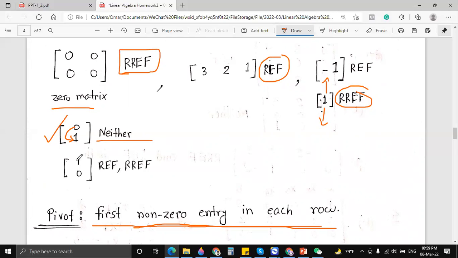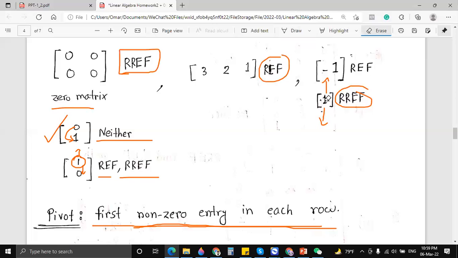And in this one, we have our first pivot point here, and all the entries below and above are also 0, and the pivot point value is 1. So that's why this is REF and also RREF. Am I clear, Hassan?